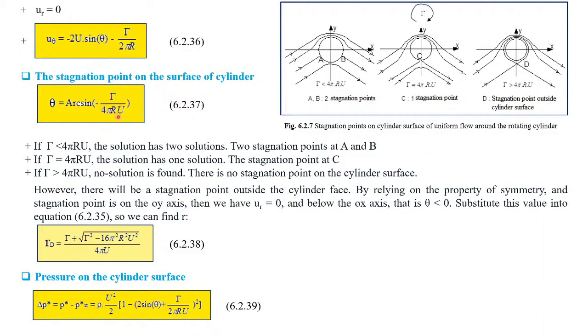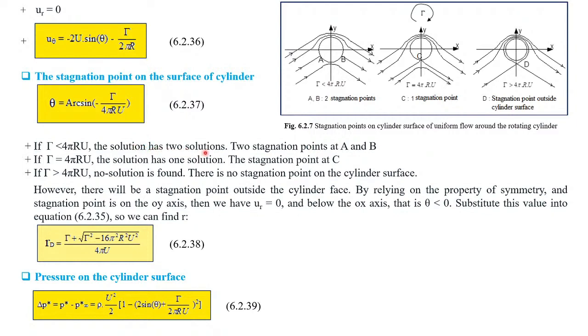Therefore, this value has to be smaller than 1. If this is smaller than 1, that means gamma is smaller than 4 pi R U. In this case, we have the solution, and we have two solutions.